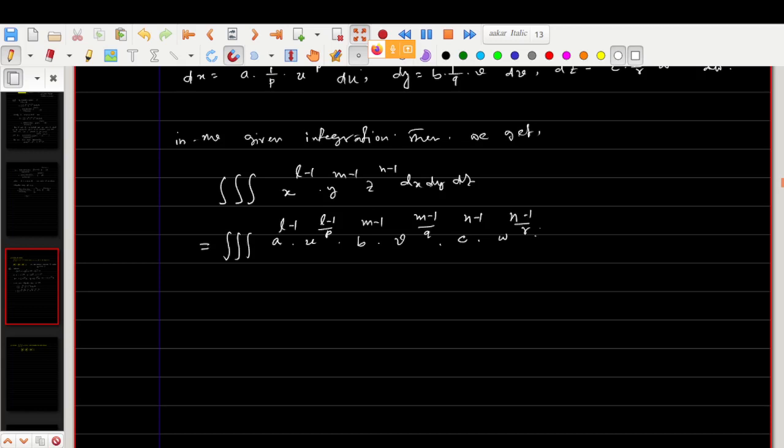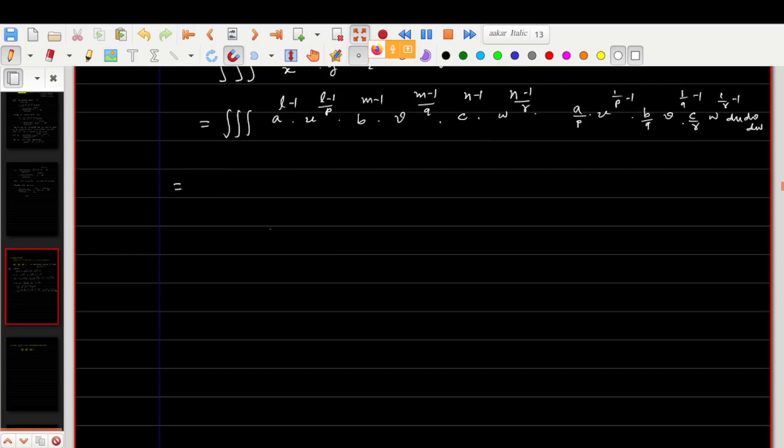Now put the values of dx, dy, dz: a by p u power 1 by p minus 1, b by q v power 1 by q minus 1, c by r w power 1 by r minus 1 du dv dw, right?